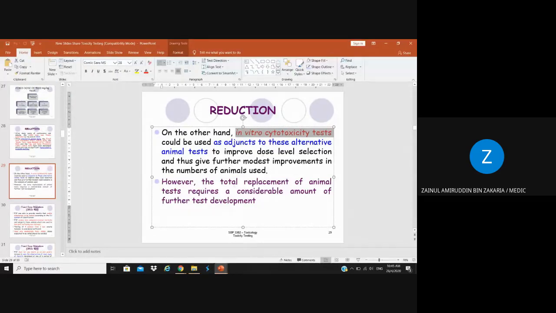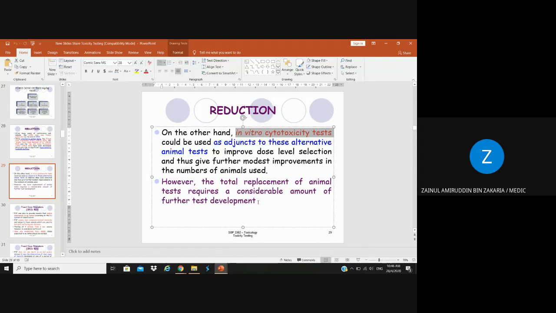So although we have alternatives for reducing animal study, for example, using the in vitro cytotoxicity test, total replacement of animal tests requires a considerable amount of further test development. Meaning to say, you cannot get rid of animal tests just like that.